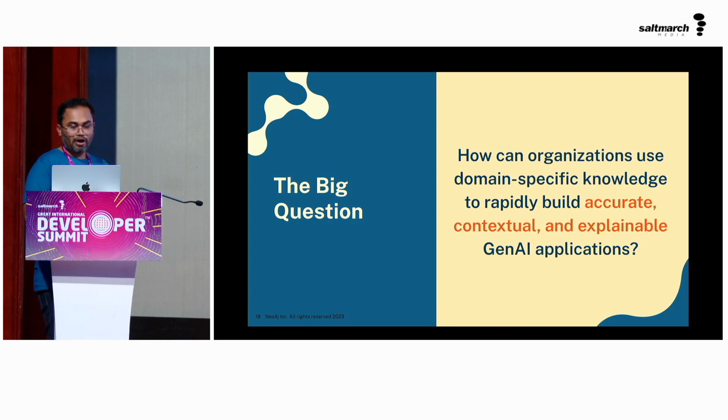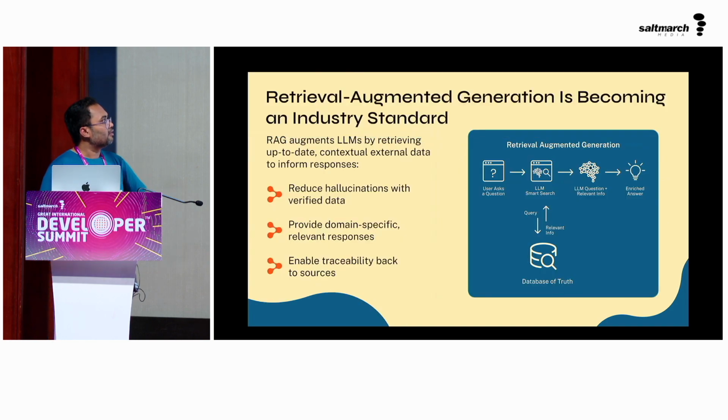where, before you build on the RAG, you need to ask this big question which typically a lot of our customers ask when we start interacting with them, right? How you can leverage your domain specific knowledge so that you can build the accurate and contextual GenAI application. And we help them with this trend called retrieval augmented generation.